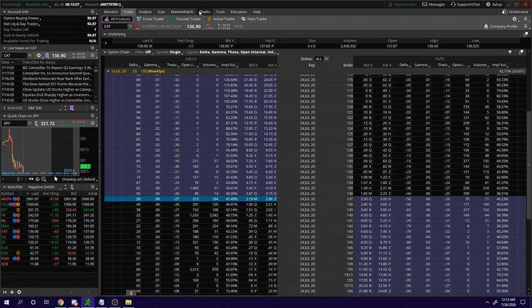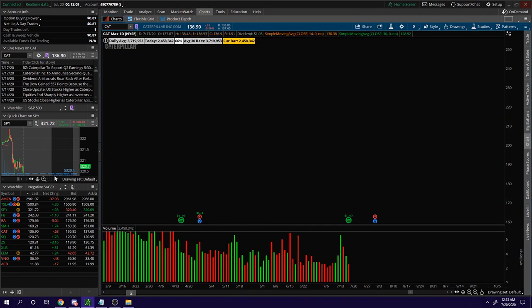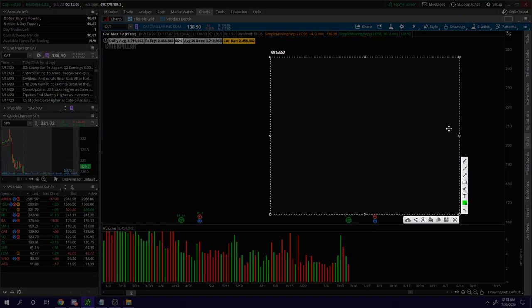Let's see if I can doodle something. When you are a long call, this is your strike price. Once you go above your strike price, you theoretically make infinite profit.